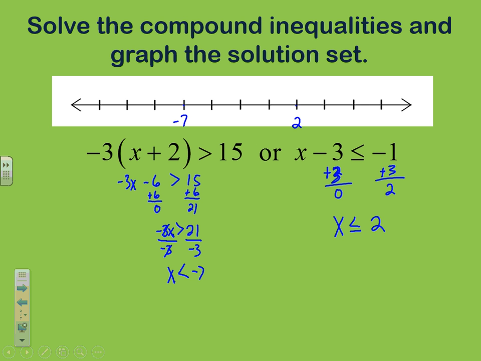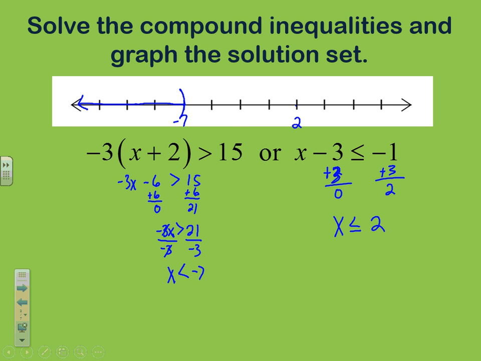So according to the inequality symbols that we have, for where it says x is less than -7, well, if x is less than -7, that inequality symbol says to use a curved bracket. And because x is less than -7, we're going to curve it in the direction that x will go. Since x is less than -7, from the -7 on the number line, it's going to go to the left.